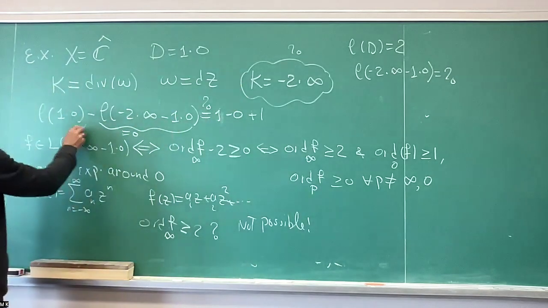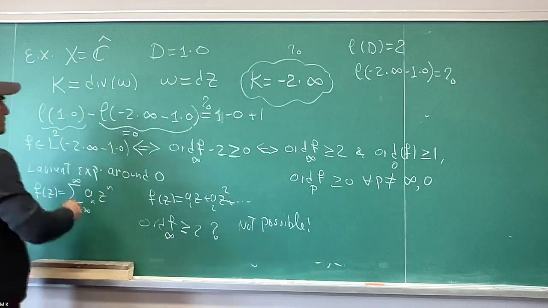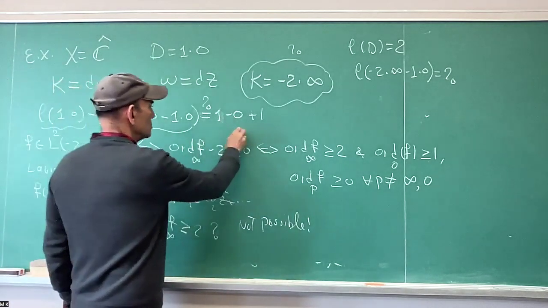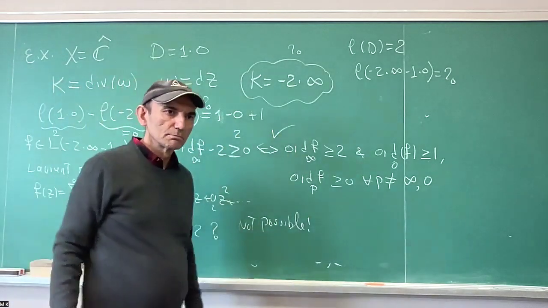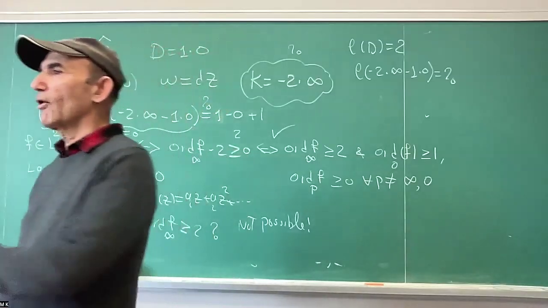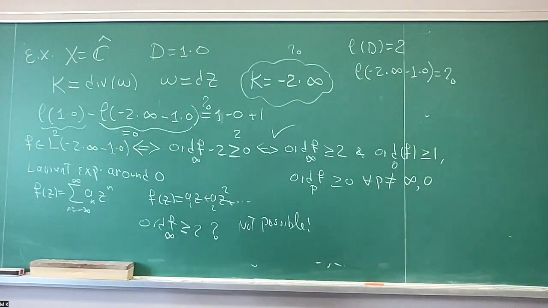Yeah, this is 2. 2 minus 0 is 0, and this is 2. So Riemann-Roch was right in this case, at least. This is really the most trivial case, the easiest case that you can check by hand.